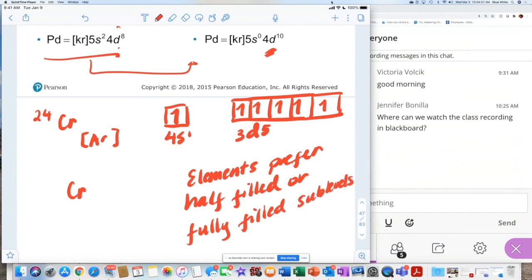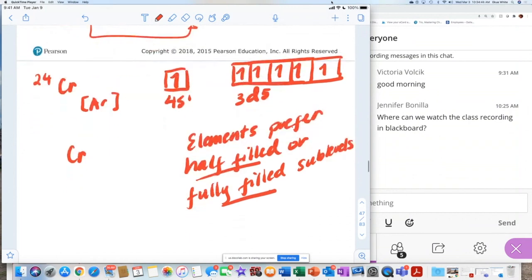Okay, so this is their preference. Like if you were to interview an element, they'll tell you this is our preference according to us. Okay, well, how do we know this is what they like?